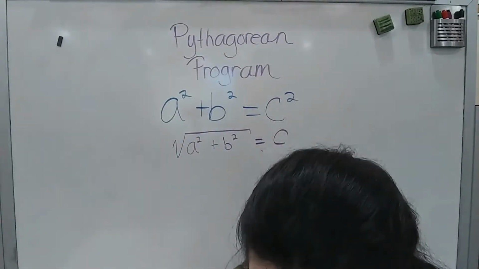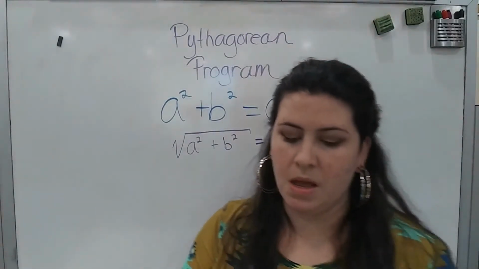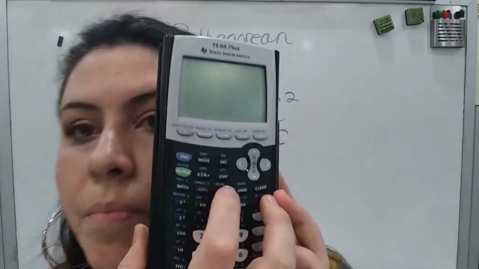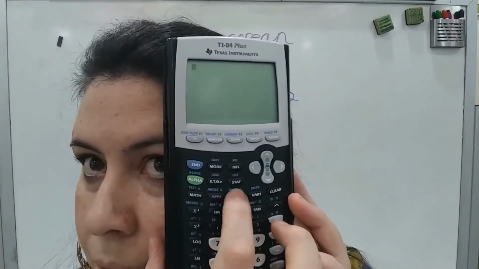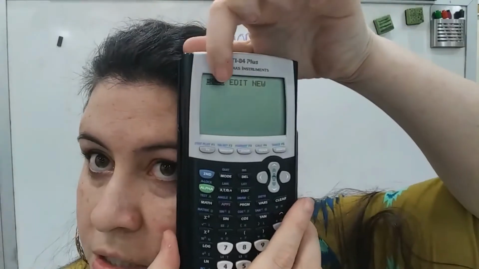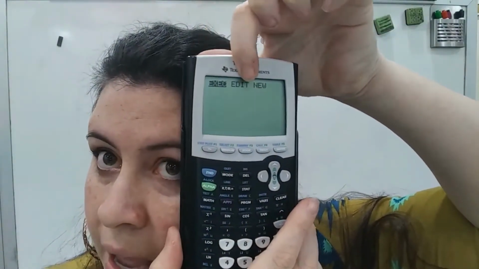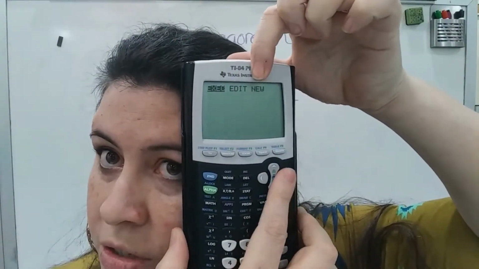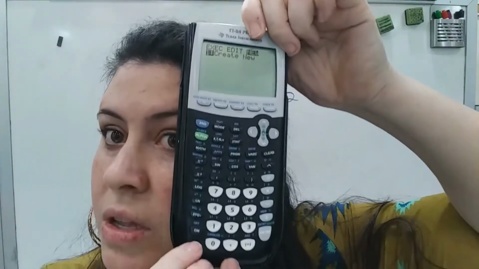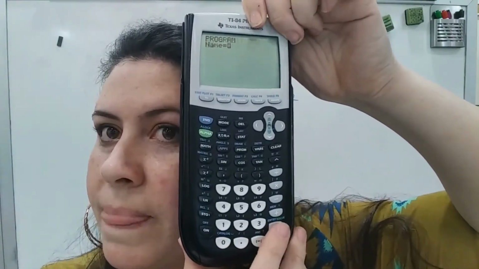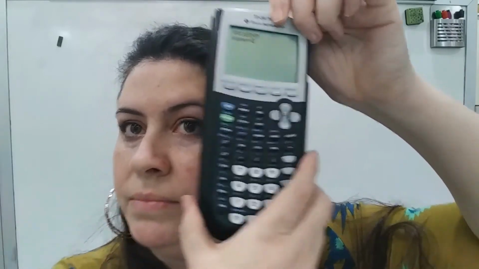So I have my calculator. I'm going to hit the program button right there, program. There's three options on top: execute, edit, or new. We're going to arrow over to new, create new program, hit enter. Now let's name it.